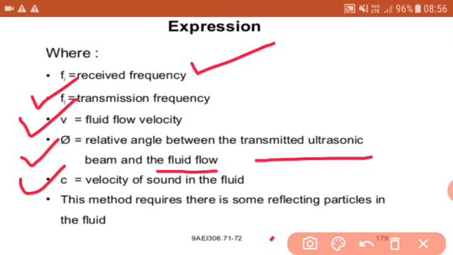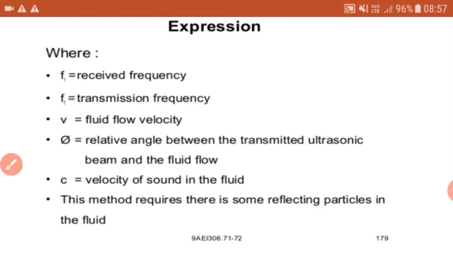C is the velocity of sound in the fluid. So in the equation, C stands for the velocity of sound in the fluid. This method requires that there are some reflecting particles in the fluid.